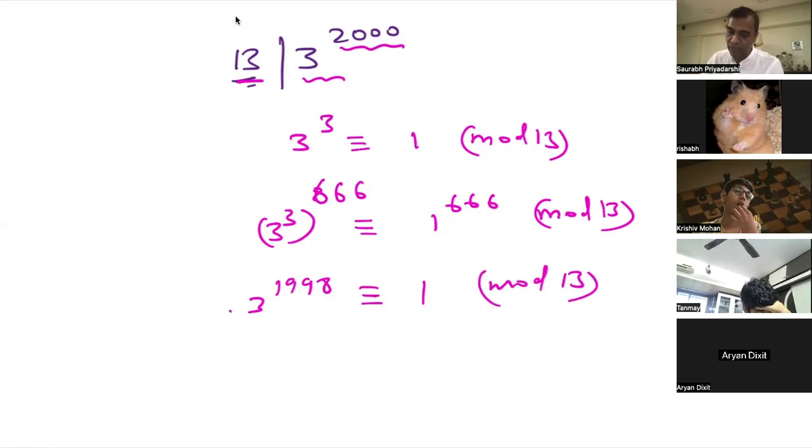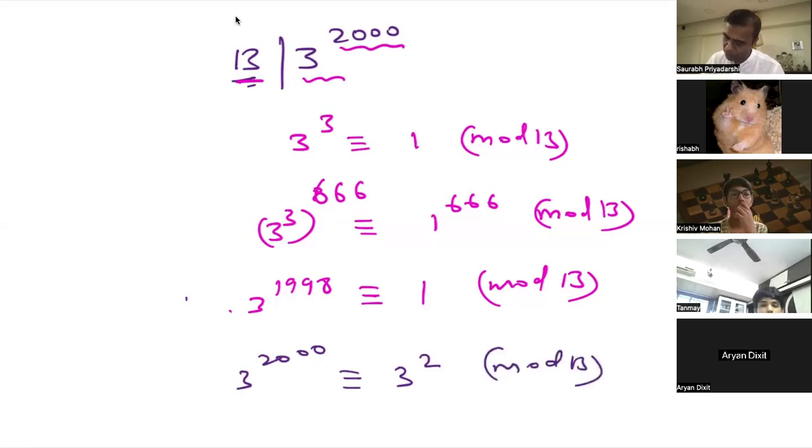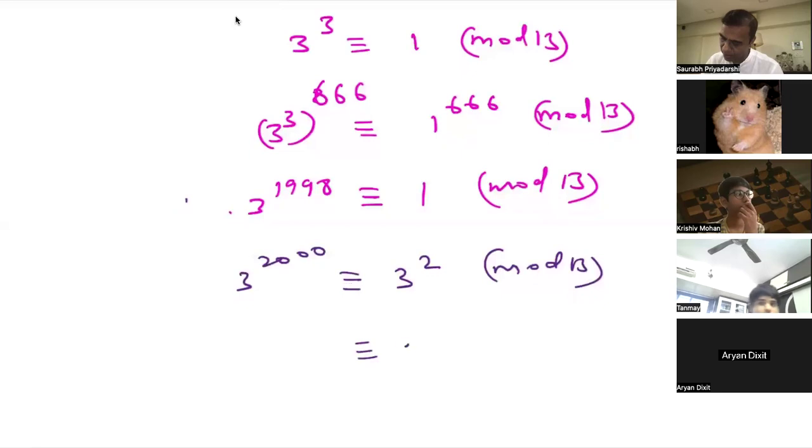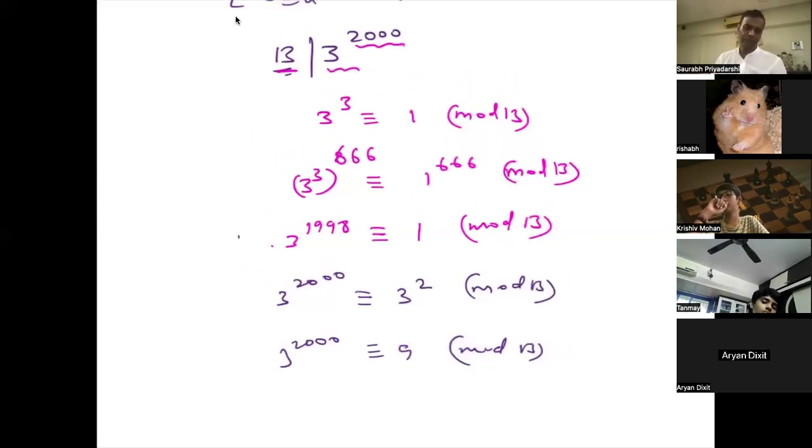But we have to reach the power of 2000, so I have to multiply this by 2 square, power of 2. So mod 13, this is coming as 9 mod 13. So the answer is: 3 to the power 2000, when divided by 13, gives the remainder 9.